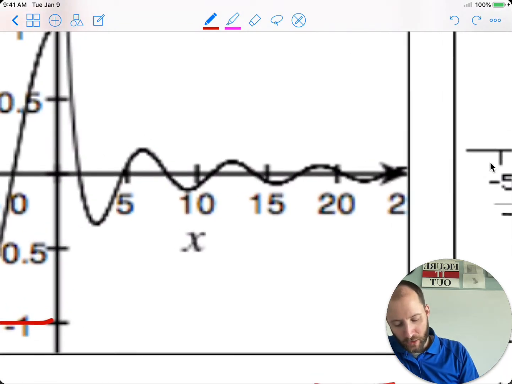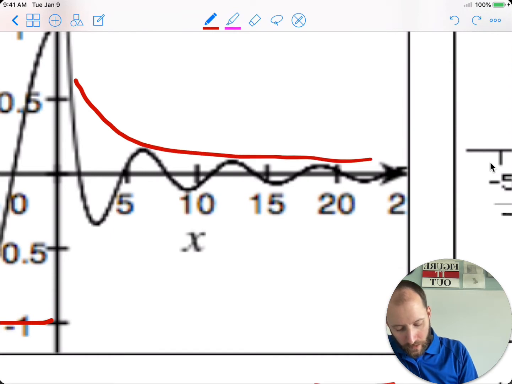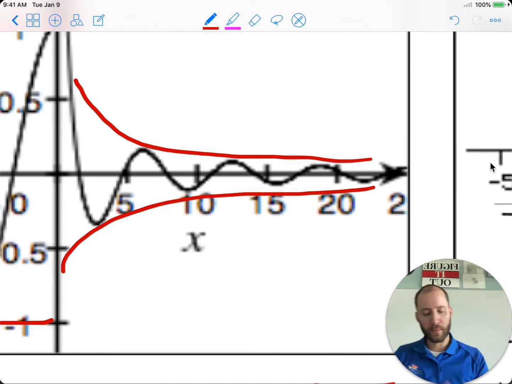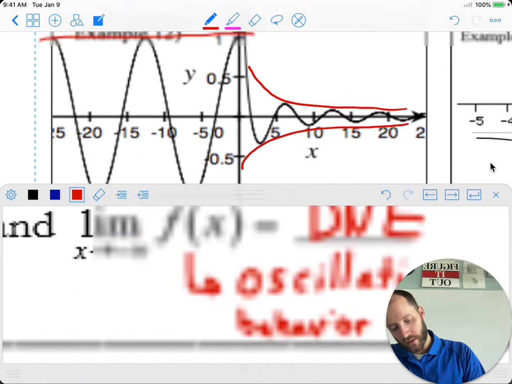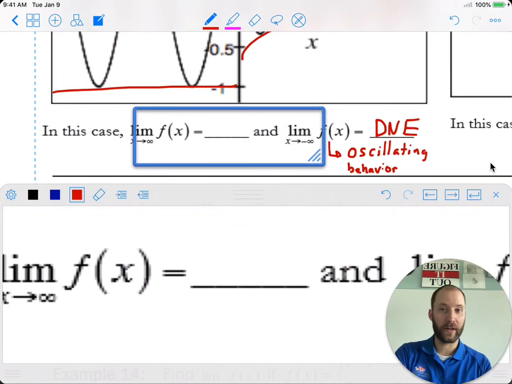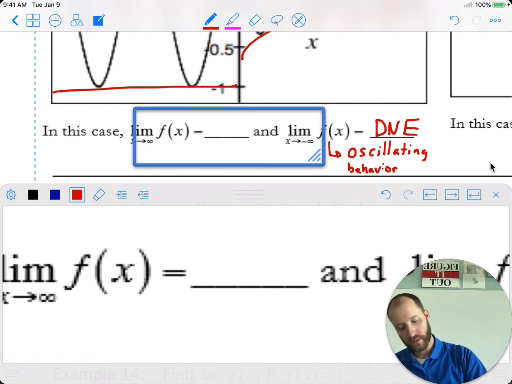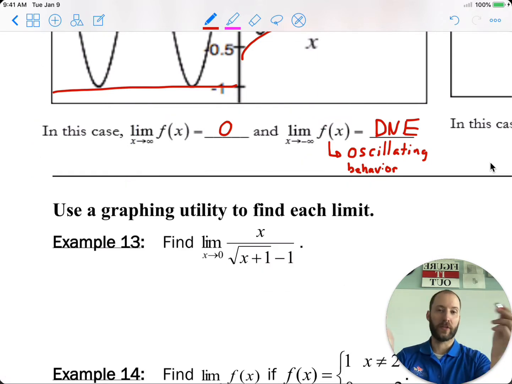On the right, those lines are coming down, coming up. More importantly, they're converging, going towards each other. So if we keep tracing to the right, going up is going to get lower, going down is going to get higher, and eventually they're going to level out. And the behavior will be 0.